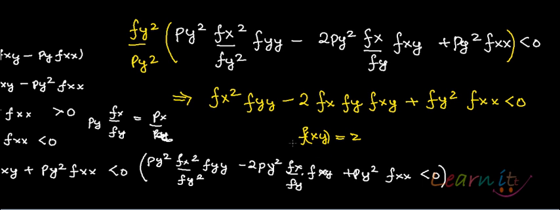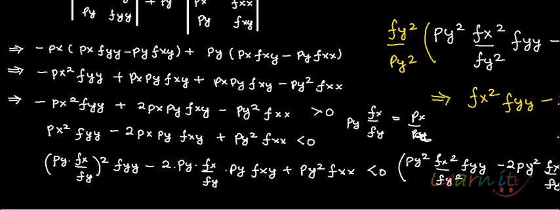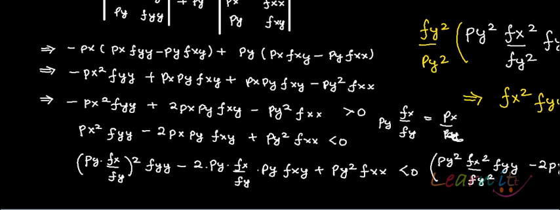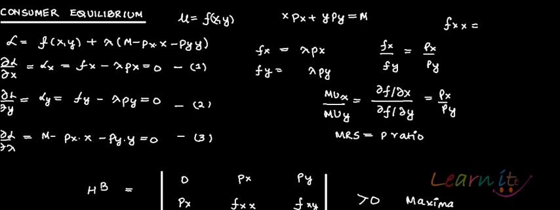There we have proved that this condition has to be satisfied in case diminishing MRS has to hold. So please look at that recording as well. So this was the case for consumer equilibrium using Lagrange multiplier.